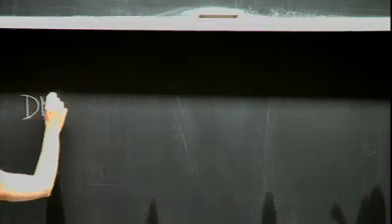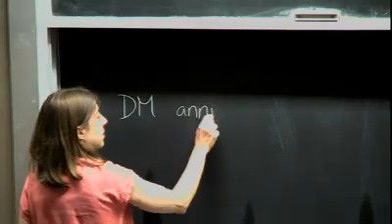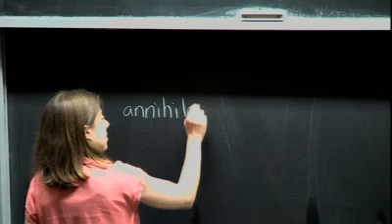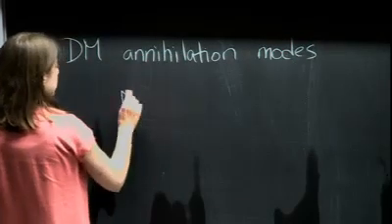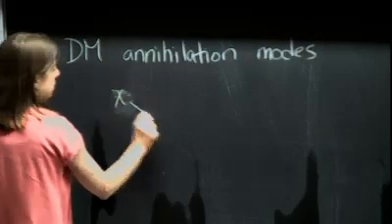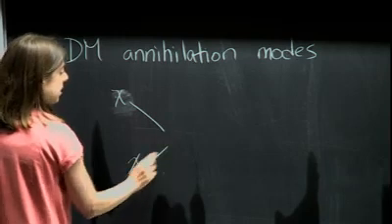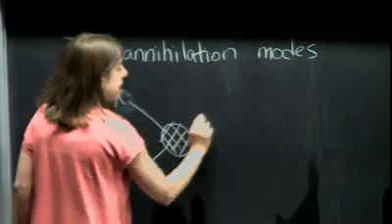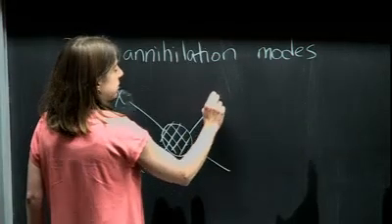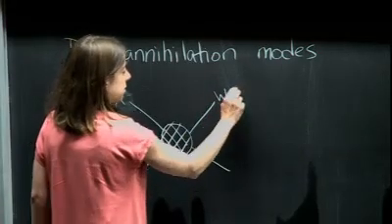Okay, so there's a few interesting signatures that we can expect to see, and it depends entirely on what the dark matter annihilation modes are. So let's start off by just considering what happens when the dark matter annihilates through some mechanism that we'll just remain agnostic about, and gives us standard model final states that can look like W bosons, Z's.